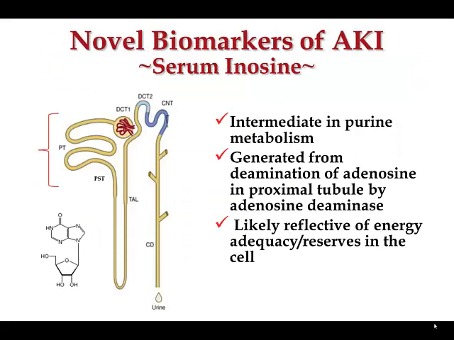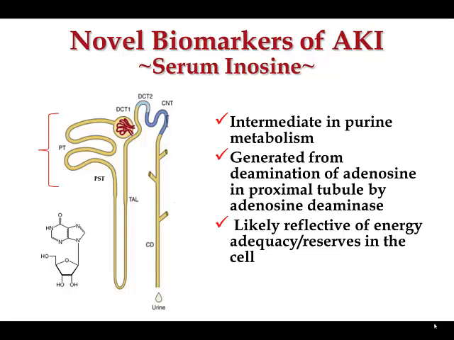The next molecule that we had opportunity to look at was serum inosine. Inosine is a molecule that's derived from proximal tubular epithelia. It's an intermediate in purine metabolism that's generated from the deamination of adenosine in the proximal tubules by adenosine deaminase.